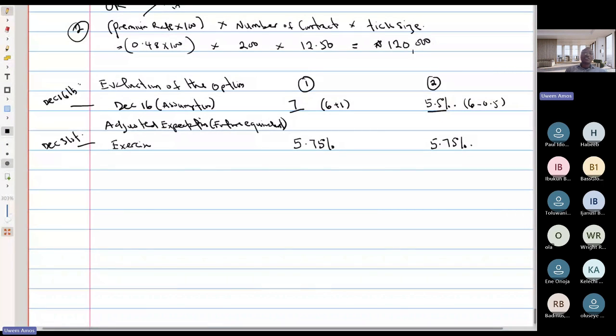So either we adjust the December 16th value to a December 31st equivalent, or we adjust the December 31st equivalent to December 16th. The method ICAN would typically recommend, and which most people would use, is to adjust this to this. How do we adjust it?